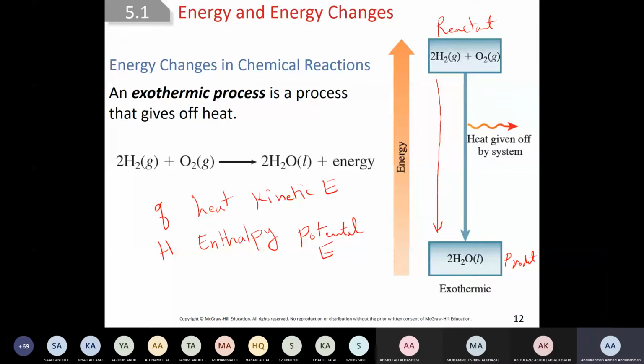The heat will come out as Q. So this arrow here is H, and the heat that's coming out is Q. So Q will come out of this reaction, and we call this reaction exothermic. In Arabic, I think we call it طارد للحرارة.